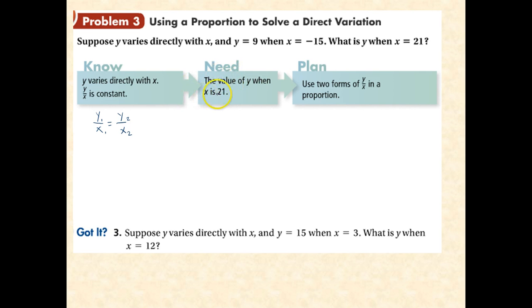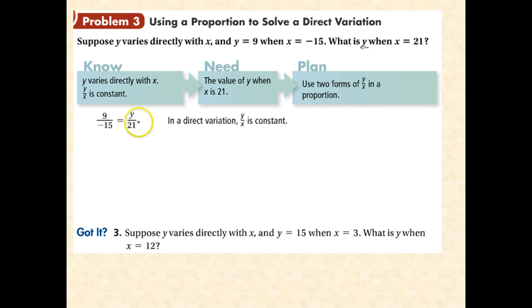We know the value of y when x is negative 15, and so we can use the two forms of y over x in a proportion. So we're going to say this y over this x is going to equal this y we don't know over this x. So 9 over negative 15 equals the y we don't know over 21.